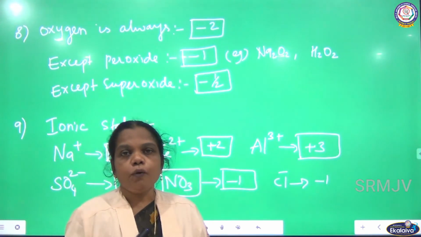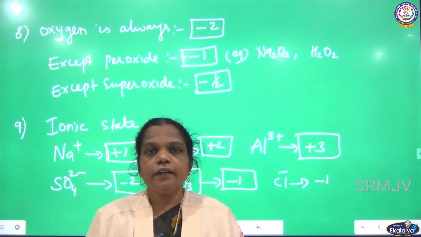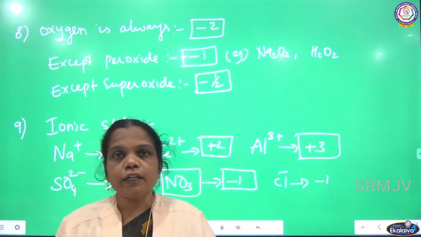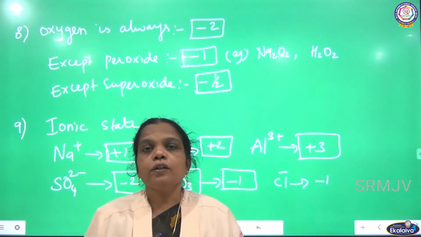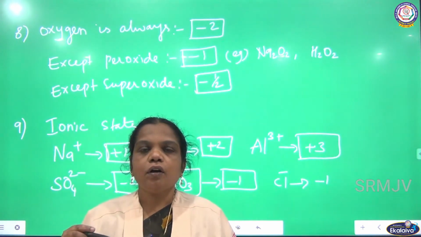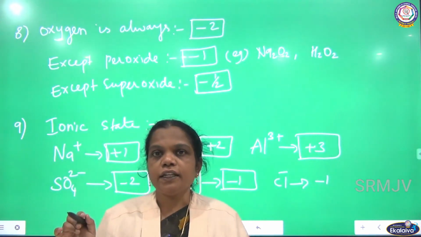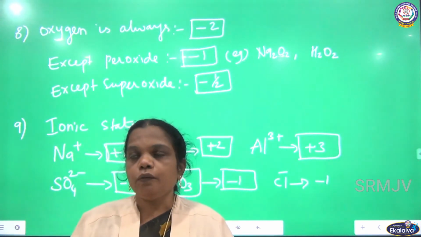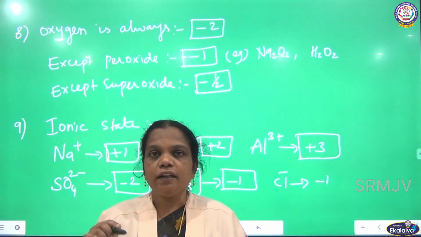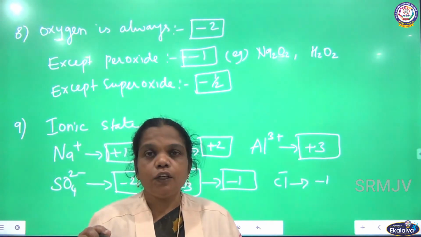For hydrogen, +1 always except in peroxide or hydrides, and oxygen -2 except in peroxide and superoxide. And the atoms in the elemental state, the oxidation number is 0.